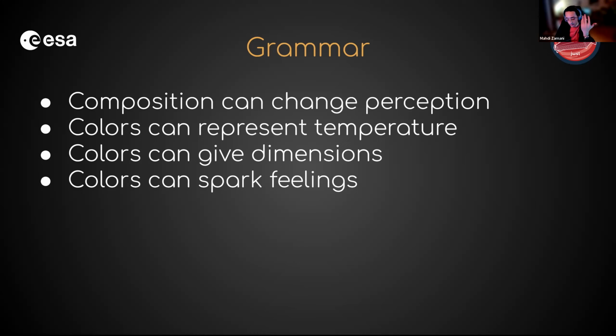They can help you actually try to construct a 3D model of the image in your head to better resolve the image, to better understand the image. And we see an example later on. And colors can, of course, spark feelings.